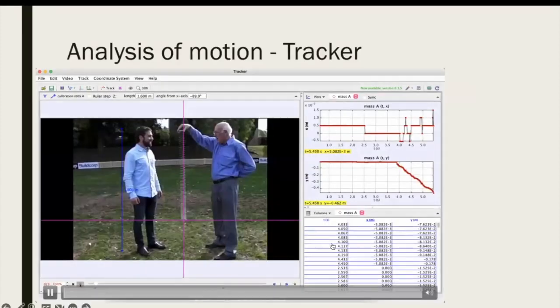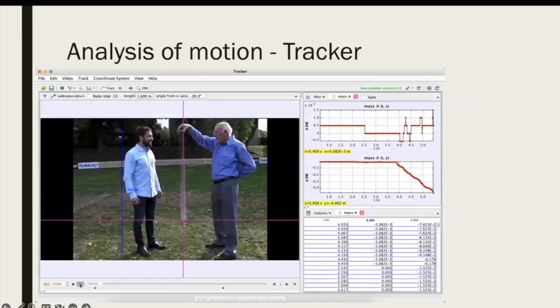So here's the analysis of the motion on the tracker. So we can see the professor lets the slinky off, and the bottom of the slinky is motionless during this period, and the top is falling. The origin I put is on the bottom of the slinky.